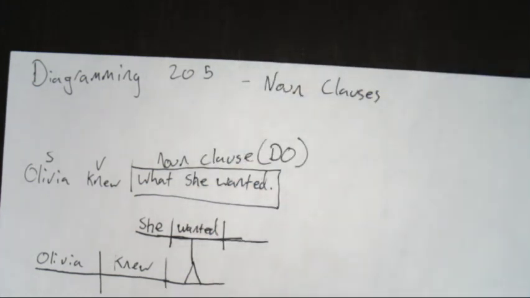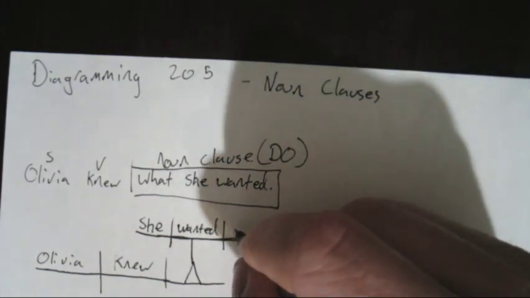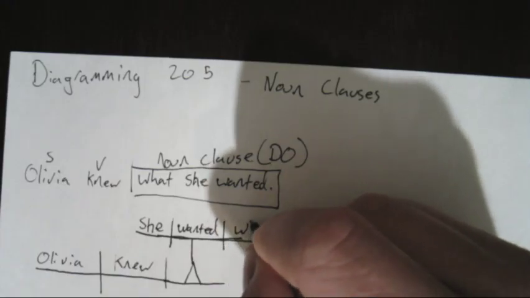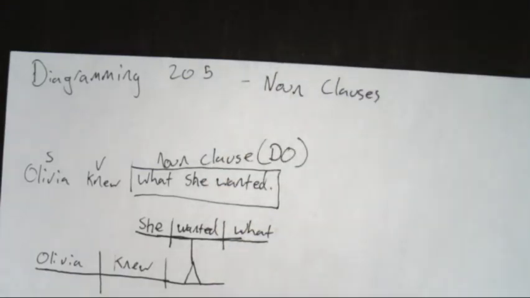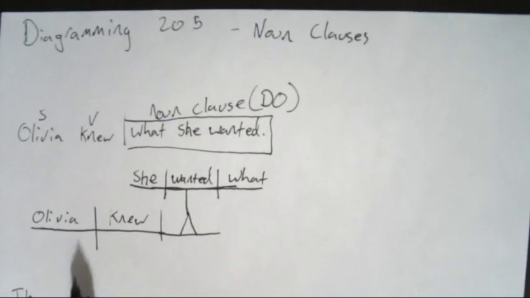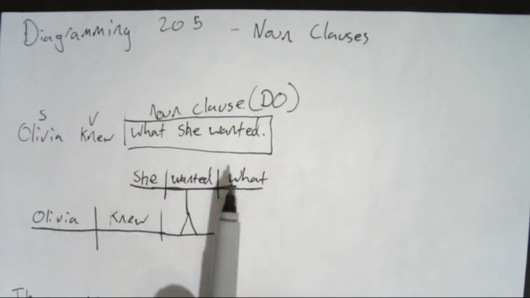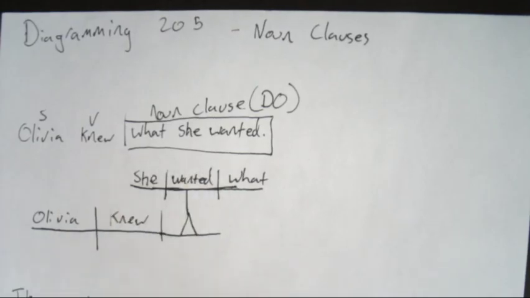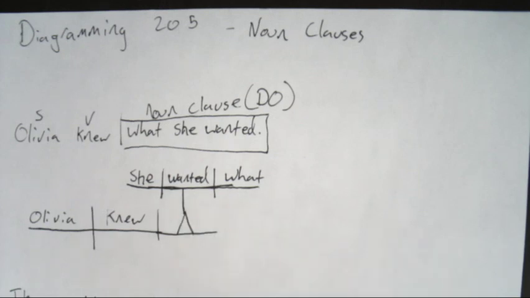And we have a direct object here. The direct object is what? Now it looks a little funky simply because we've kind of reversed or mixed up the order of the words, right? Instead of what she wanted, it's she wanted what? Okay, so now if we look at the whole thing, Olivia knew what she wanted. We got our stick figure guy taking the place of a noun.